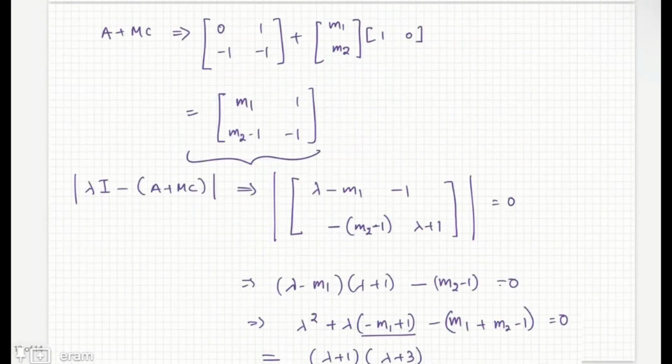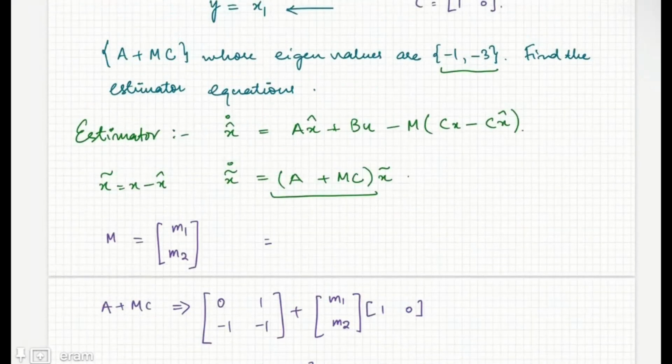So now we can write our estimator. Our estimator is this.